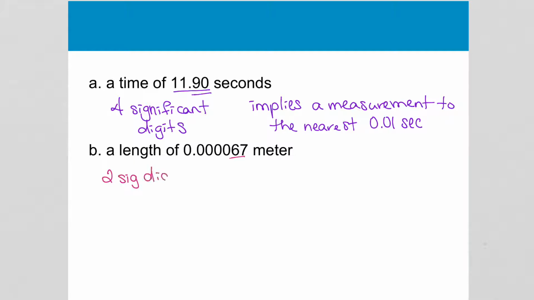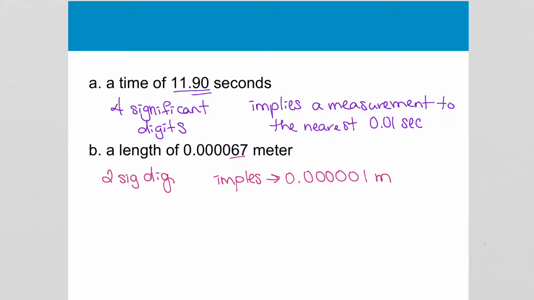I'm going to abbreviate SIGDIG, okay? And it implies a measurement to the nearest 1 millionth of a meter.